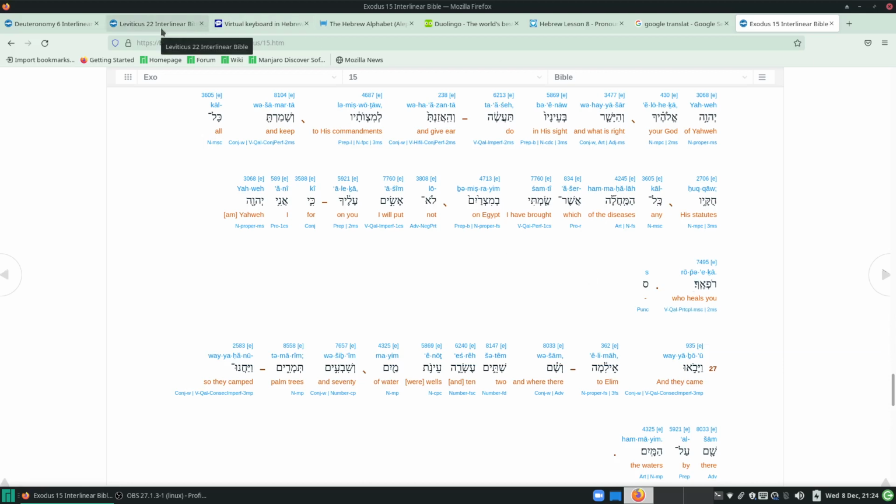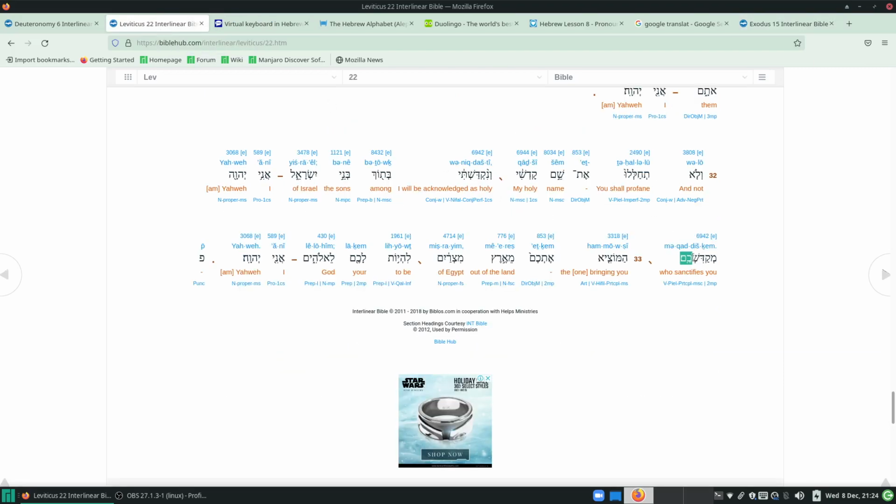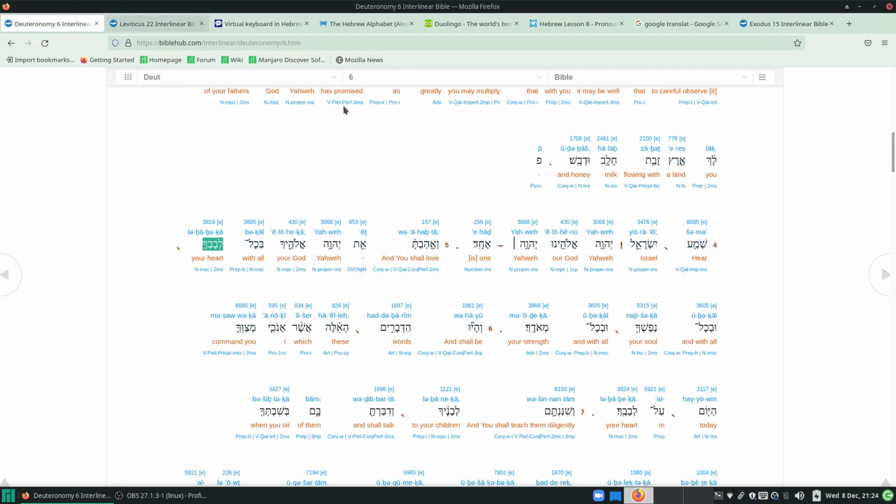Okay, so these are the many examples of the letter Kapf being used, whether it's denoting a plural you, which is over here, Mekaddishkem, I don't know how to pronounce it. So it's to make you all holy. That's the Leviticus 22 example.